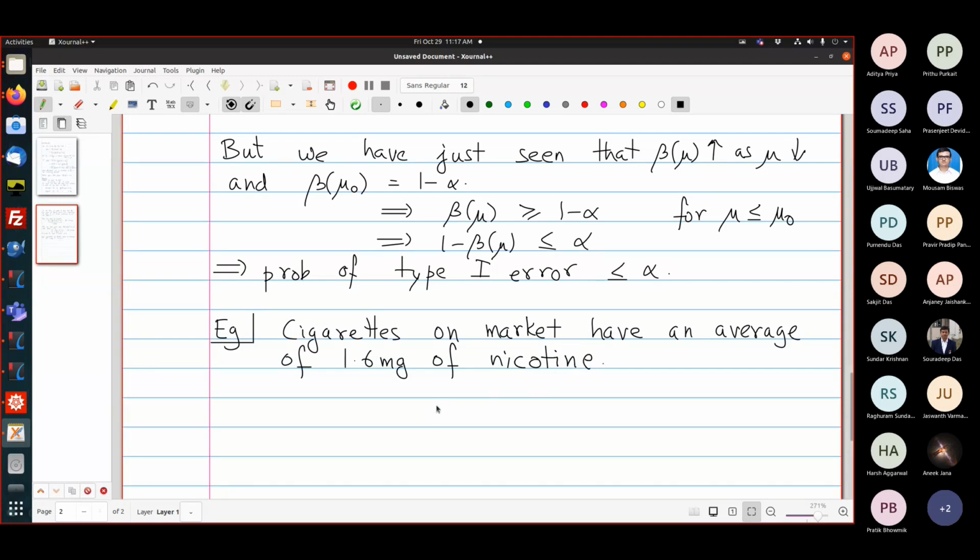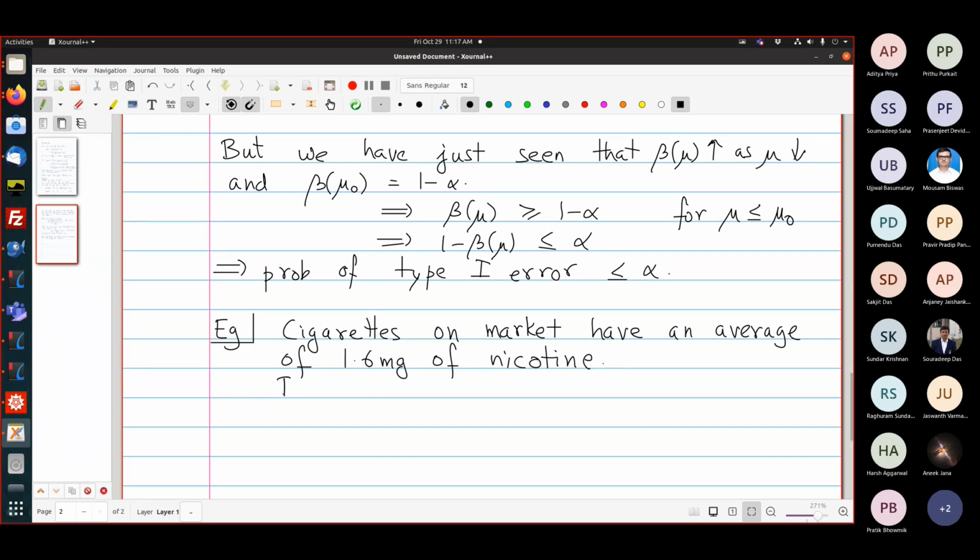Okay, so you see, nicotine, I think it's well established that nicotine causes cancer. So, for whatever reason, you have this much nicotine on average per cigarette. Of course, you cannot have exactly so much. So this is a random number, and we can assume that these are normally distributed, and the mean is this, and they have some variance.